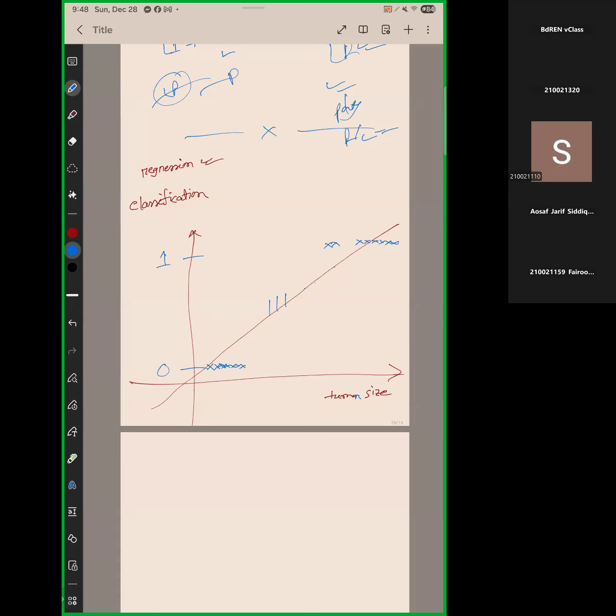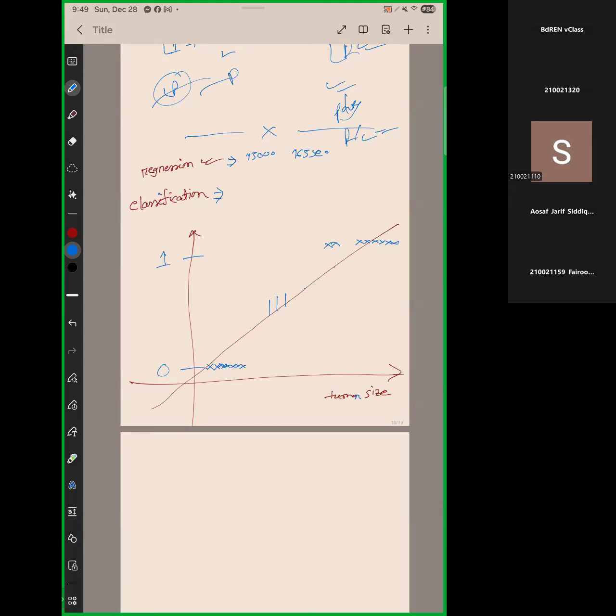Sir, why in classification do we have this binary number 0 and 1? I understood that regression may have multiple outputs. In regression you have values like, for instance, 15,000 taka, 16,500 taka, like this.